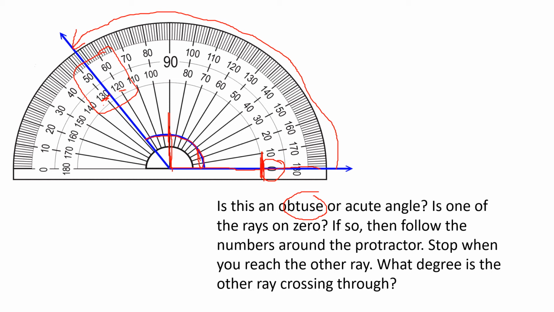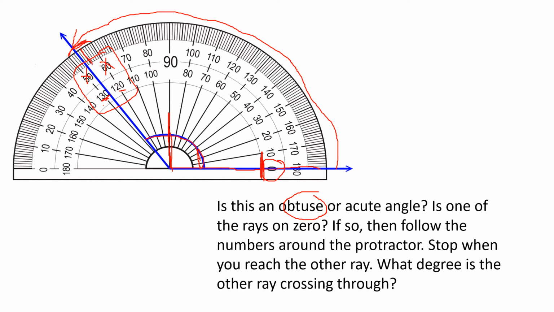We're not going to use 50 and 60 because those are on the outside and those are acute measurements. If you notice, our ray is not going exactly across a multiple of 10. So we're going to have to use these little marks in between our multiples of 10 to help us determine the degree.